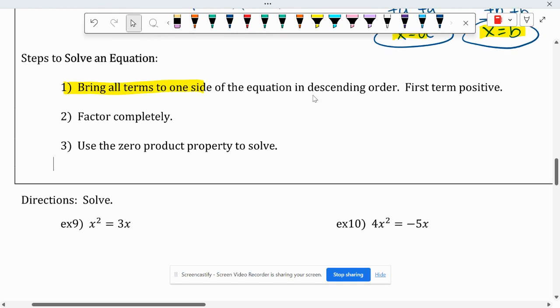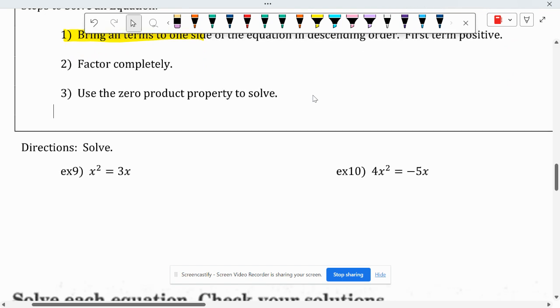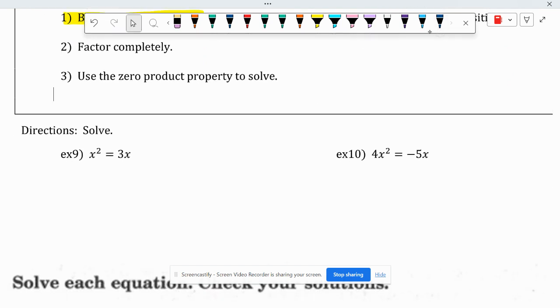So let's look at number 9. Step number 1, I have to set it equal to 0, meaning I have to move everything to one side. So I'm going to subtract 3x first. So that gives me x squared minus 3x equals 0. So it says factor completely.